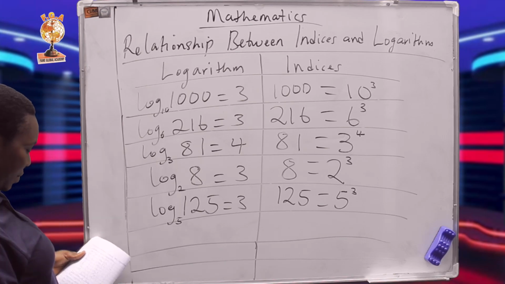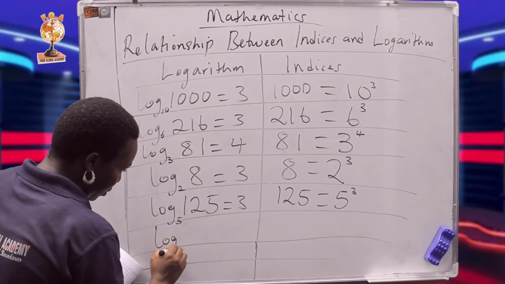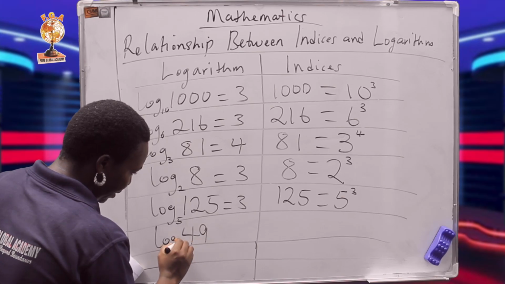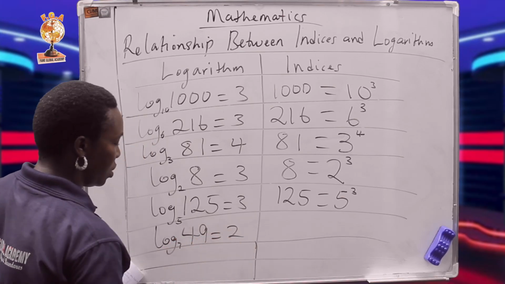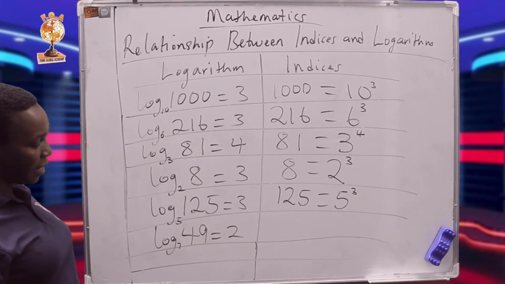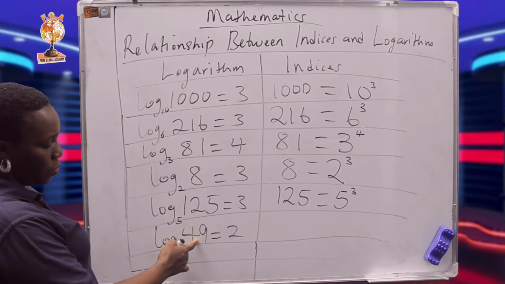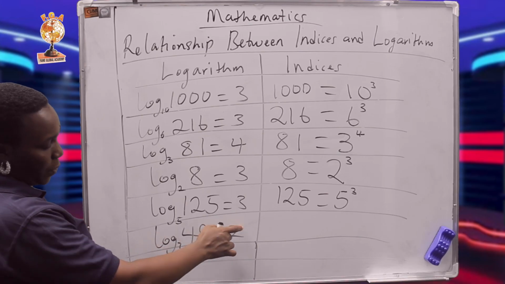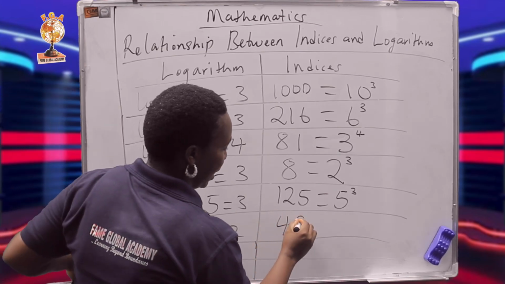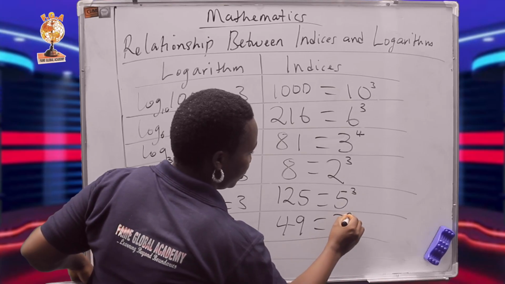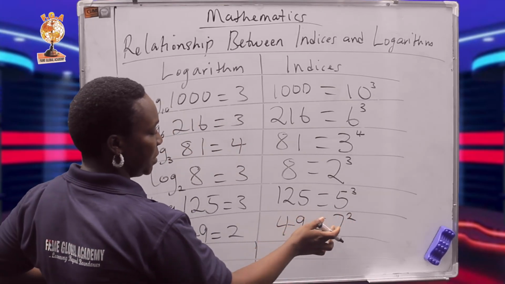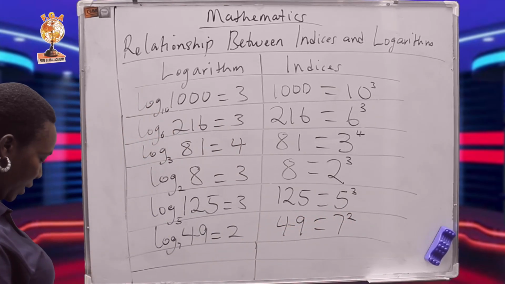Okay, let's take another one. So we have log 49 base 7 is equal to 2. It simply means that 49 is equal to 7 raised to the power of 2. Of course, 7 times 7 will give us 49.